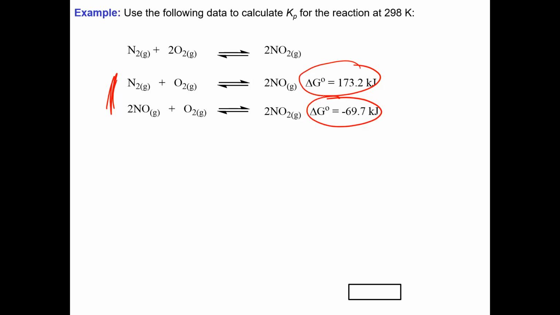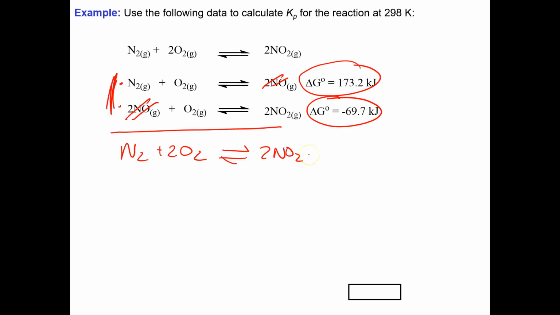Gibbs free energy change. So we're going to see if we can add these things together to get our overall equation. And I hope what you see is if you simply add this equation and this equation, then you get the one that we want, because this will cancel out. And then what we're left with is N2 plus 2O2 in equilibrium with 2NO2.